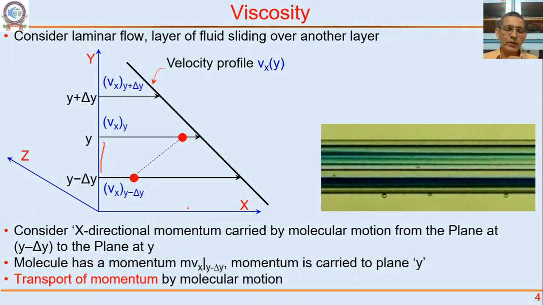Let's try to think besides the mathematics, let's try to physically imagine and understand what we are trying to say. We are saying that there is a plane, there is another plane, this plane is moving at a certain velocity, and molecules here have random thermal motion.